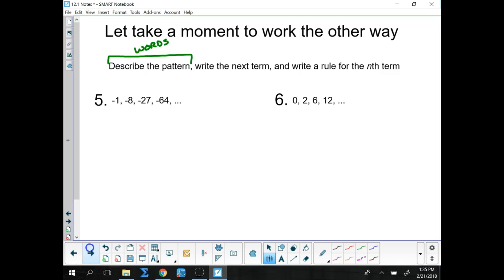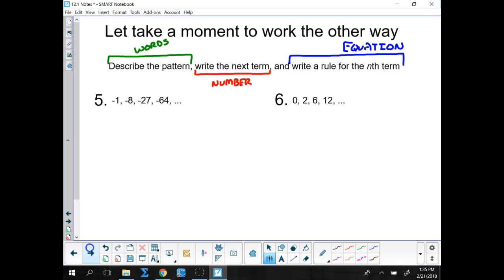Then it's asking you to find the next term, which is going to be a number. And then lastly, it's asking you to write a rule for any term, and that's going to be an equation. So there's 3 parts to these directions.